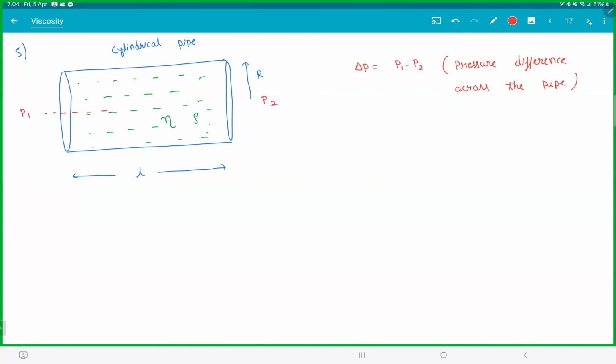This center is your axis. X is the distance from the axis. We have a pipe here, and inside the liquid is flowing in a steady state. Now, because there is a viscosity, the liquid won't go on its own. You have to apply some pressure so the liquid will go through because there is a friction.